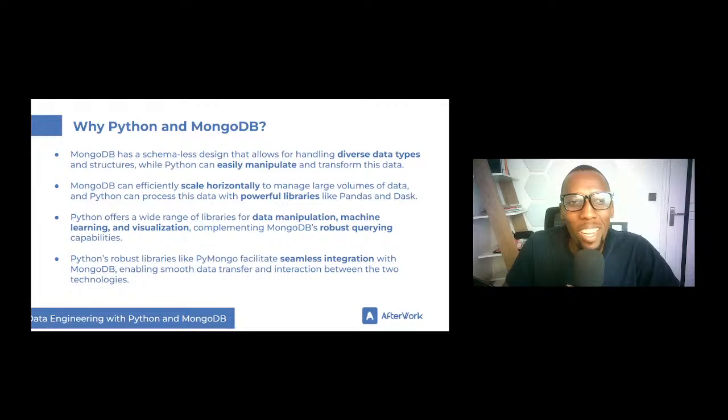Again, when we use Python, we have lots of libraries at our disposal. We have machine learning libraries, data visualization libraries, manipulation libraries, and when we use MongoDB, we can also query data in a complex way.